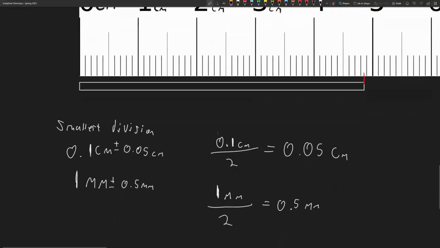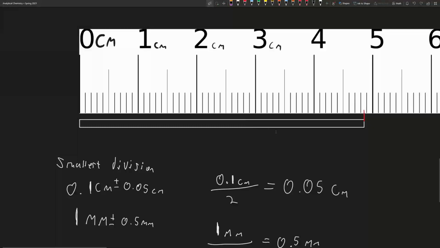Now let's actually look at this device. We see that the square that I drew starts at our 0 mark. We measure it all the way up to here. We see that it is at least 4 centimeters on our marker, and that would mean that it is at least 40 millimeters.